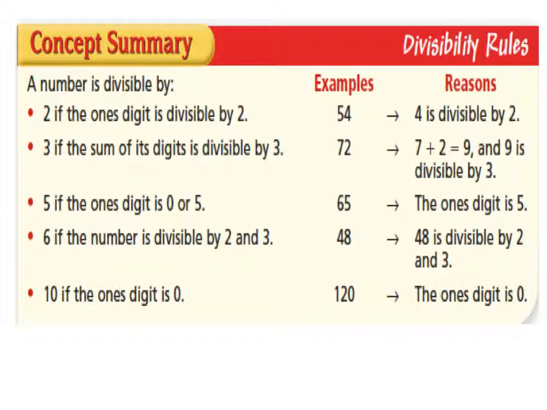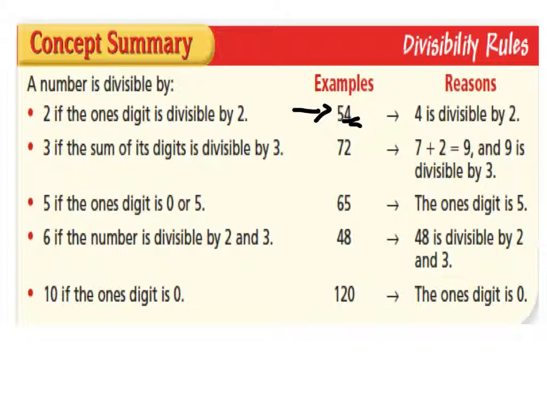First off, we know that a number is divisible by 2 if the ones digit is divisible by 2. So look at 54. You can see that the ones digit is 4, and 4 divided by 2 is possible. Our next number, 3: a number is divisible by 3 if the sum of the digits is divisible by 3.